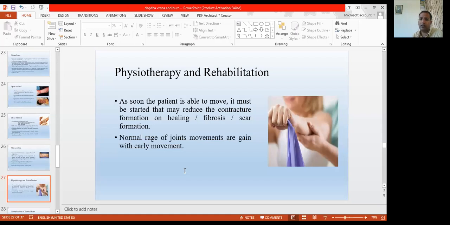After treatment, even though the burn wound is healed, the patient does not get the benefit of that treatment because he has lost the movement of the joint, he has lost the function of that limb, so that will be an incomplete treatment. That's why physiotherapy and rehabilitation is a very important process in the complete management of a burn wound.